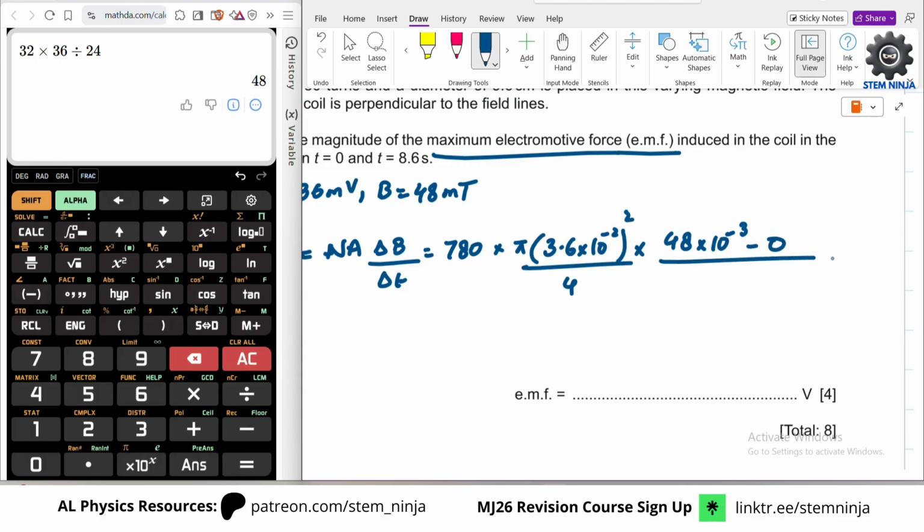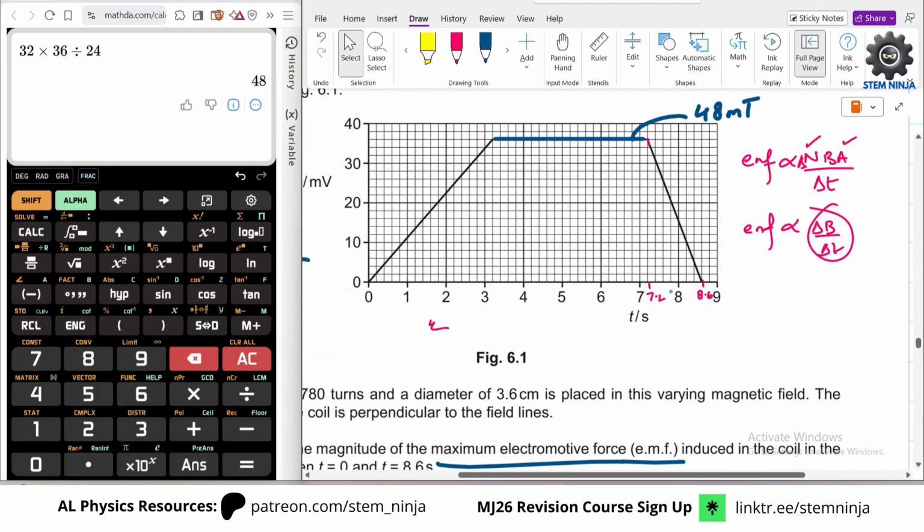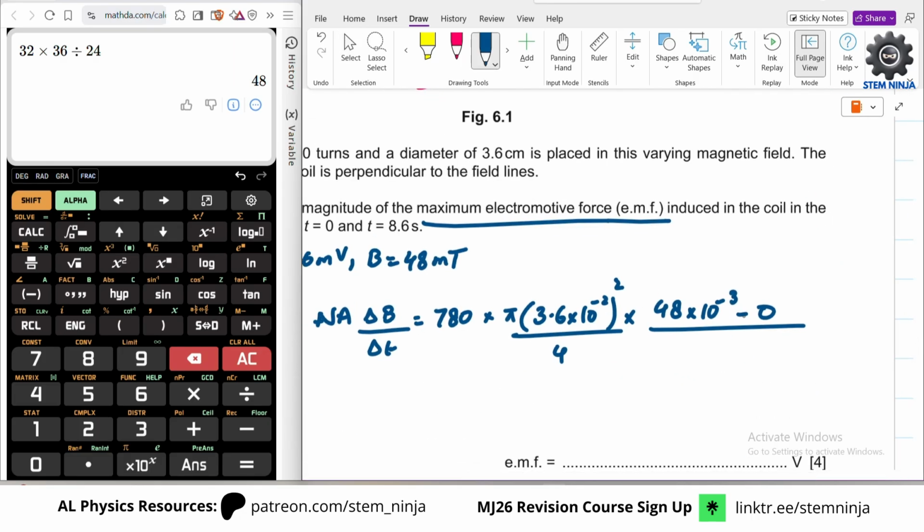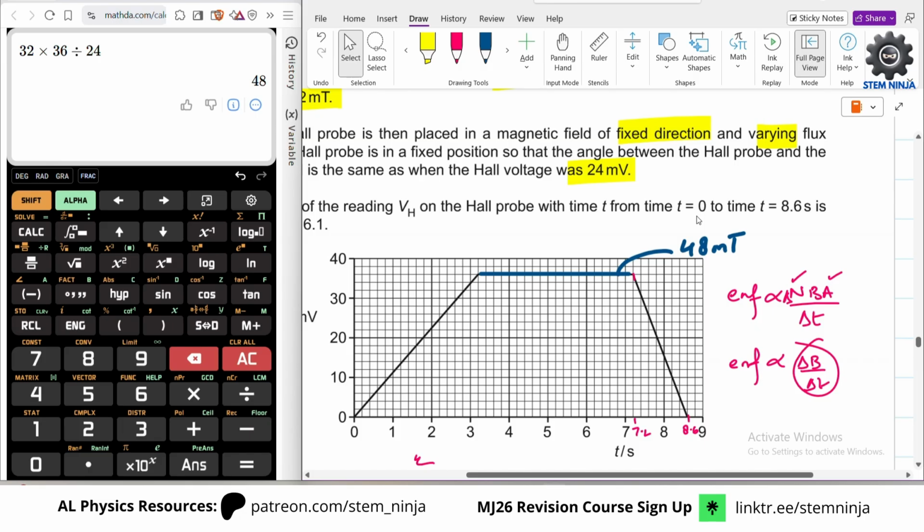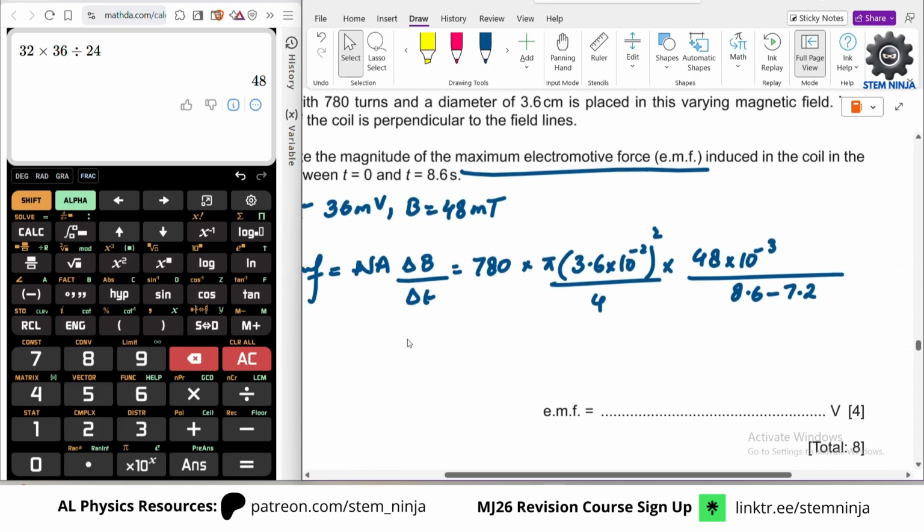Minus 0, and from 8.6 to 7.2 seconds, right? Right, okay. So now we need to calculate this.